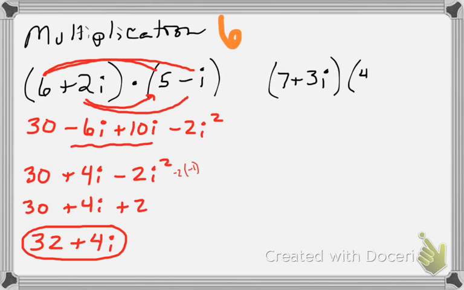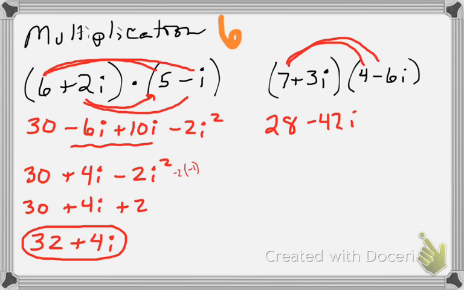7 + 3i times 4 - 6i. Distributing the 7, you get 28 - 42i. Distributing the 3i, I get 12i - 18i squared.